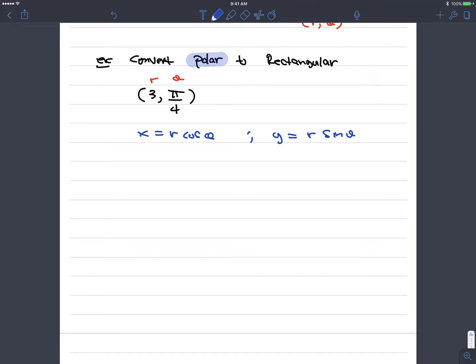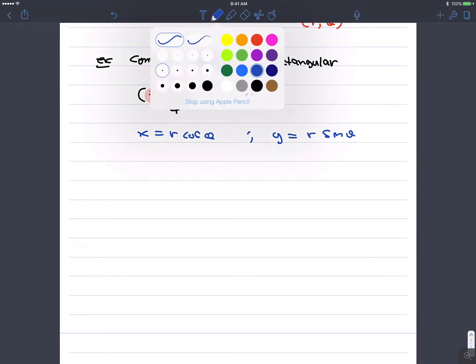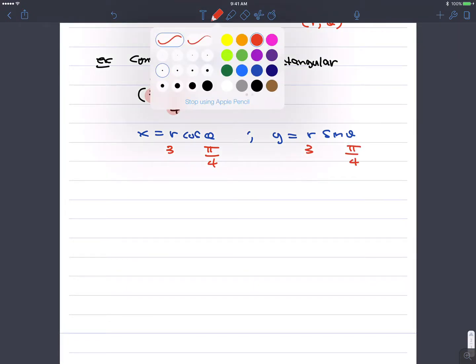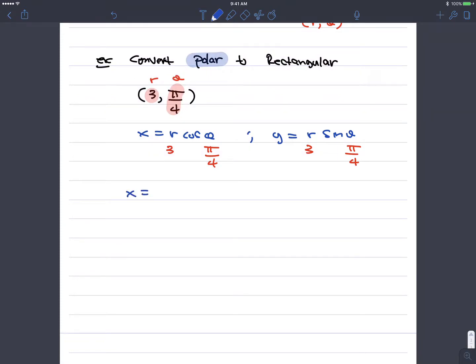r here is what value? r is 3, so we replace r with a 3. And then what's theta? Pi over 4. Good, 45 degrees. So x equals 3 cosine pi over 4, and y equals 3 sine pi over 4.